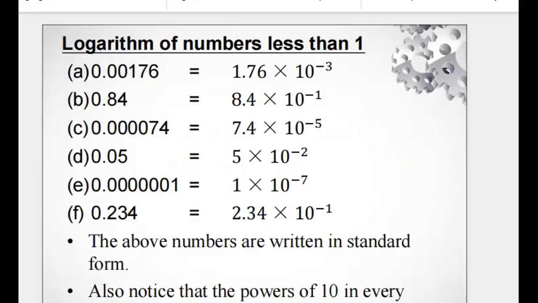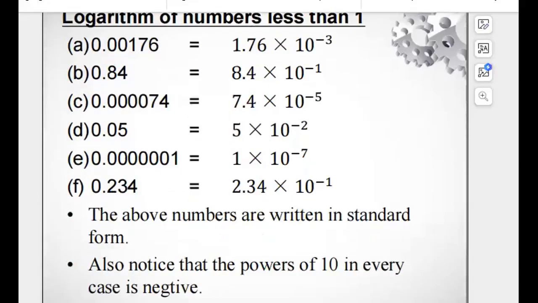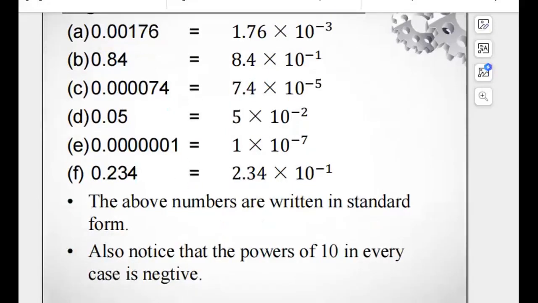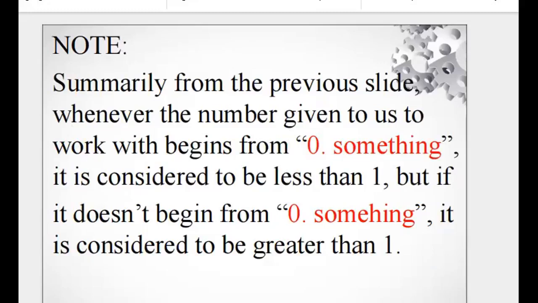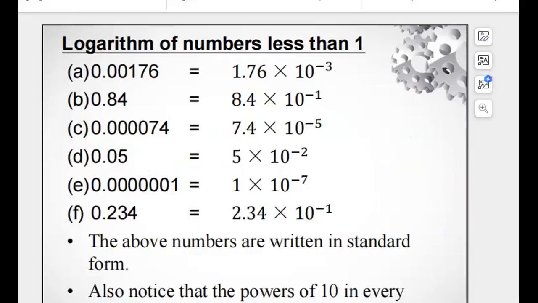But if it doesn't begin with 0 point something, it is considered to be greater than 1.